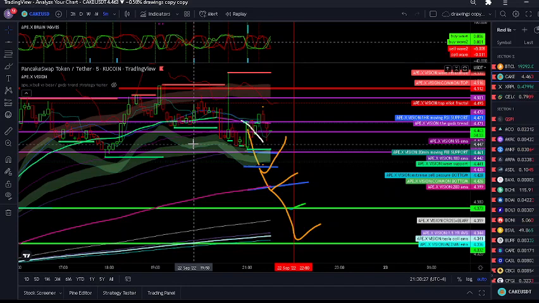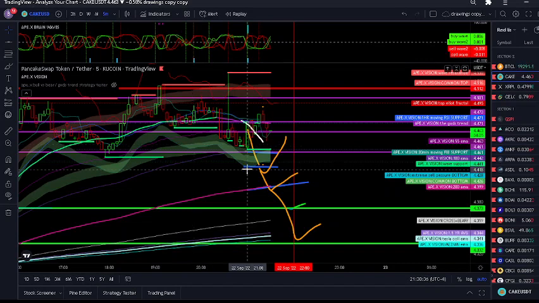So now we found support. We're at the support line. This next bar will be temporary green maybe, but probably not.